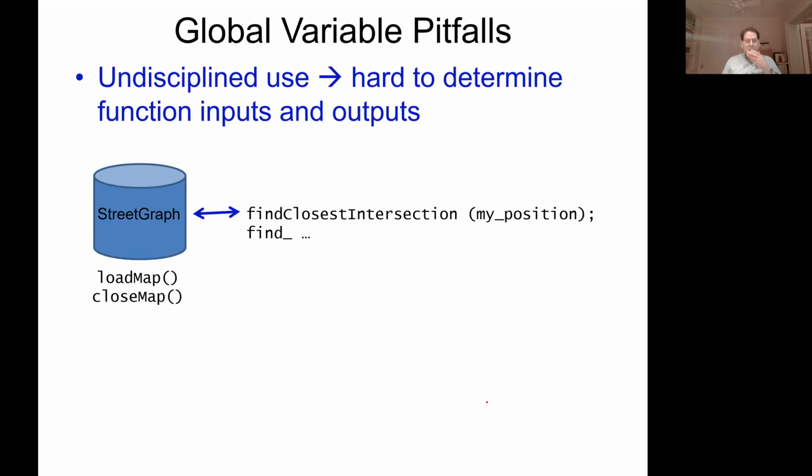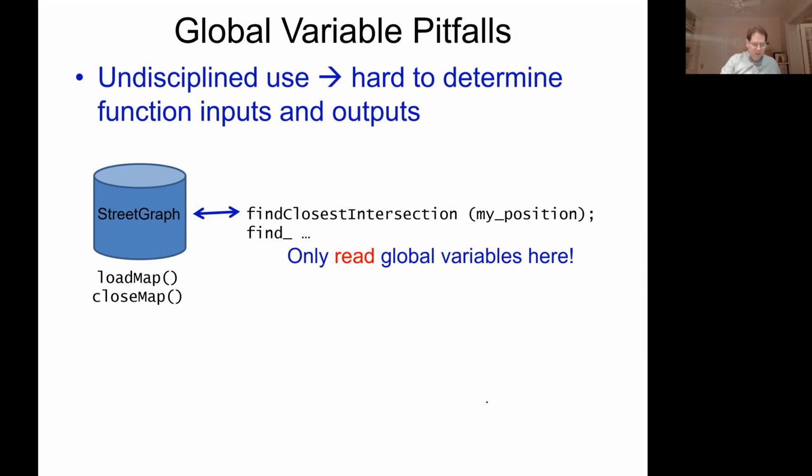Okay, so grouping things into one class will help you keep your program cleaner for this global state. You also want to be disciplined in your use of it. If you have undisciplined use of globals, meaning everybody reads and writes them, they're changed all over the program, it's very hard to figure out what a function does. Not only does it have inputs and outputs that you can see from the parameters of the function and its return value, it also might just change this global variable, which is not visible in the function prototype.